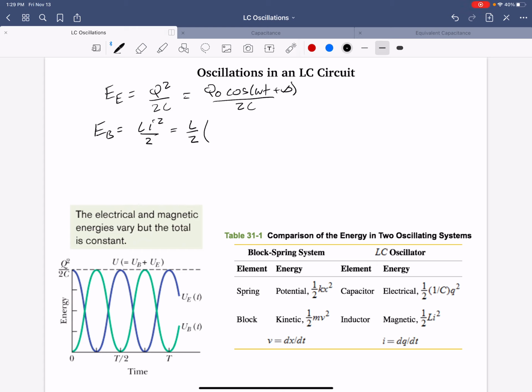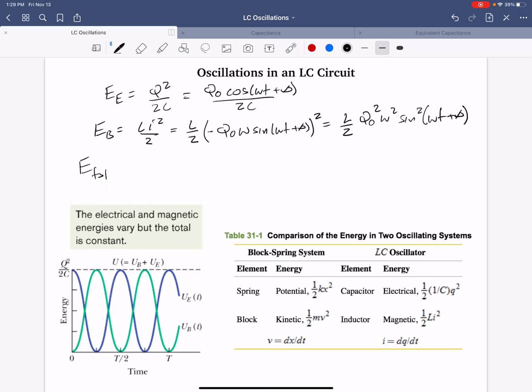So the current had the form of negative Q naught omega sine, and that all was squared. And so this is ultimately of the form, well, that negative goes away, we have Q naught squared, we have omega squared, and we have sine squared. Can you see what's going to happen?